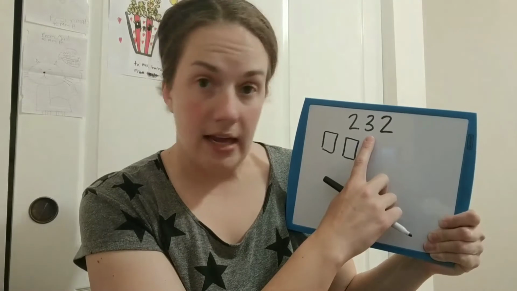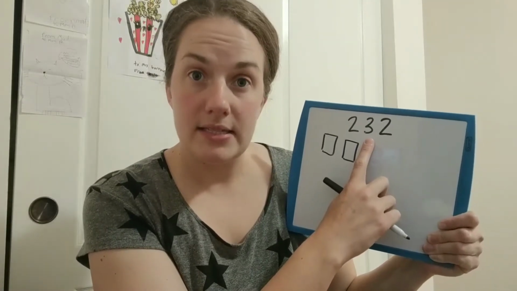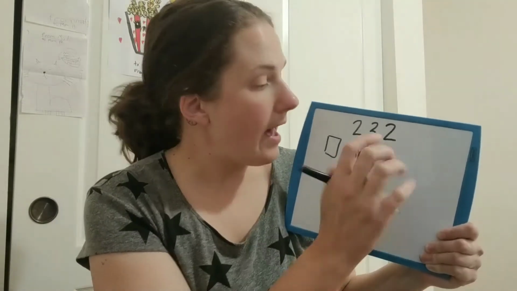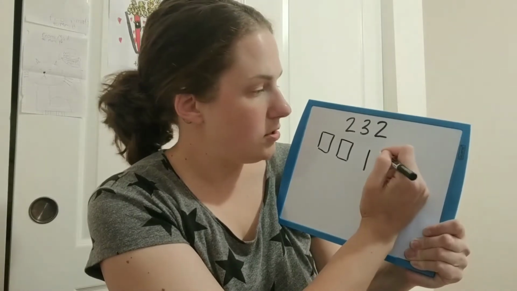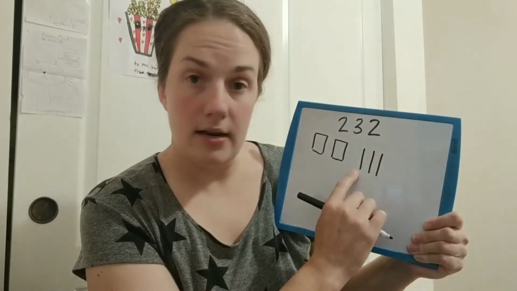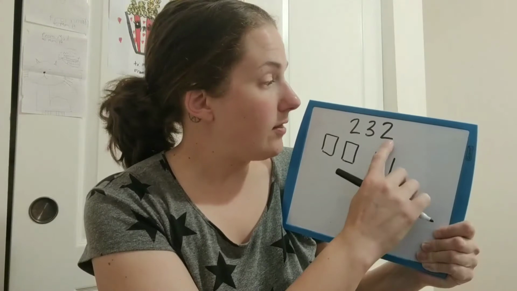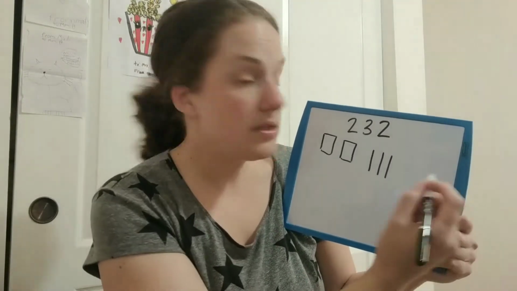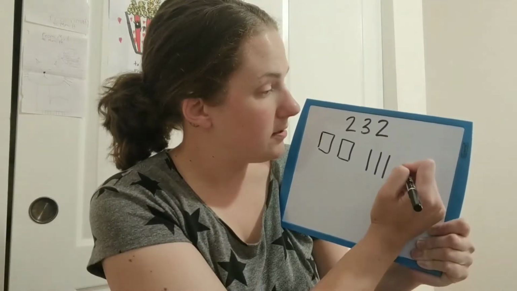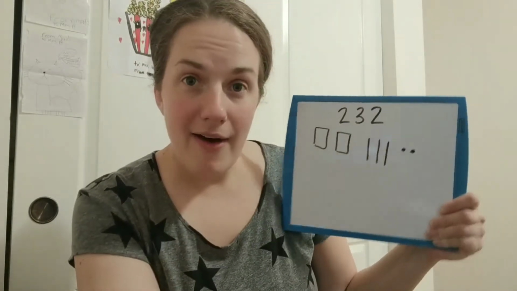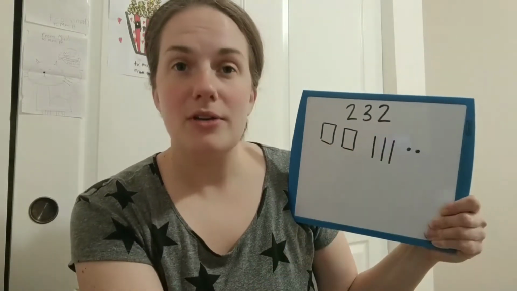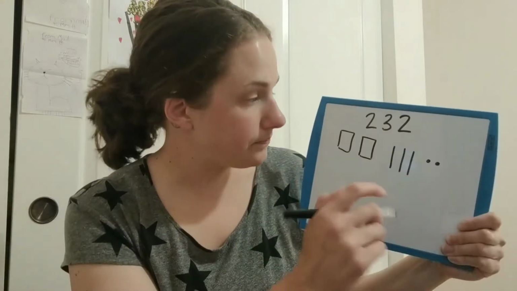In the tens place, there is a 3 tens or 30. So I'm going to use my sticks or my lines to draw that. 1, 2, 3, 10, 20, 30. In the ones place, there's a 2. So we use the dots to represent the ones. So now I can see this number using the place value model.